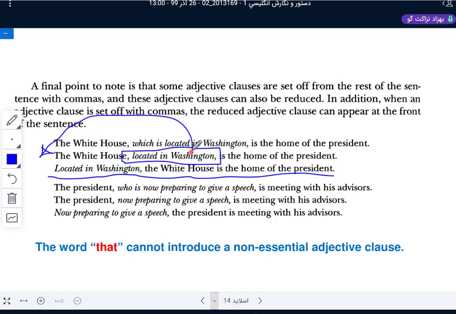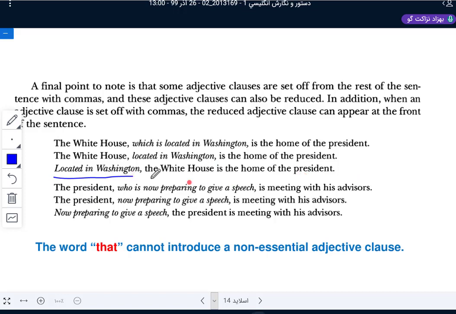When an adjectival clause, which is reduced to an adjectival phrase, moves to initial position, this is to show the focus. Located in Washington, D.C., comma, the White House is the home of the president. And this part is called the modifying phrase.